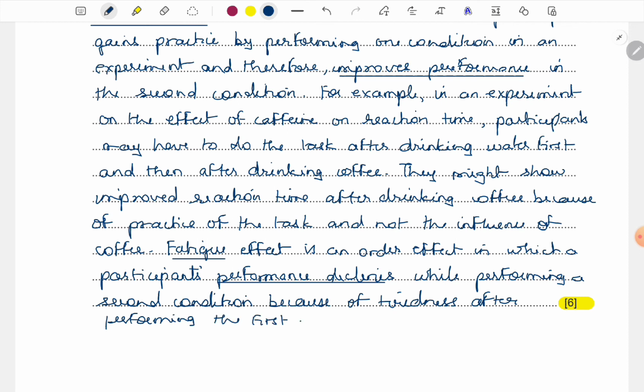Here I have given my definition a little less elaborately than that of practice effect because it is related.